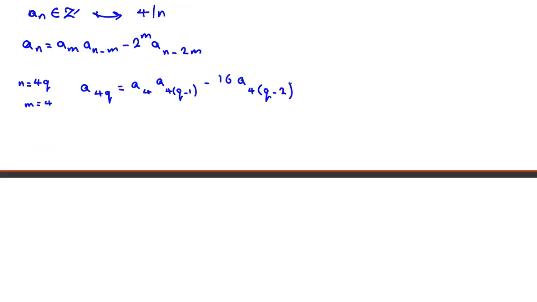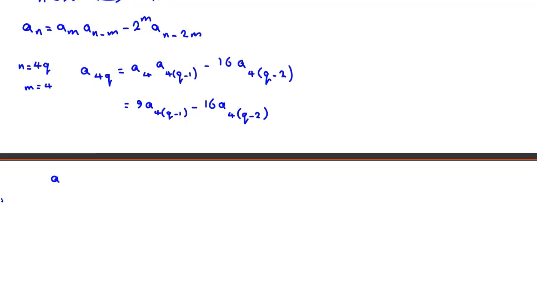Okay, look, A4 is what? A4 is 9, so it is 9A(4q minus 1) minus 16A(4q minus 2). Okay. So we know, and because we want to consider the last digits, we consider only mod 10, okay?